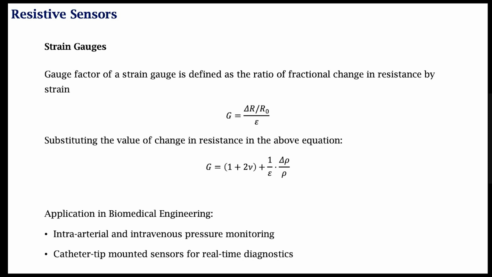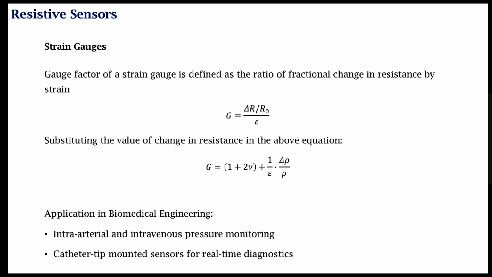Another factor that is critical in improving our understanding of strain gauge sensors or using strain gauge sensors for measurement of physiological quantities is the so-called gauge factor. Gauge factor is essentially like gain for an amplifier. For those who are from circuit branches, you can compare gauge factor of a strain gauge to gain of an amplifier.